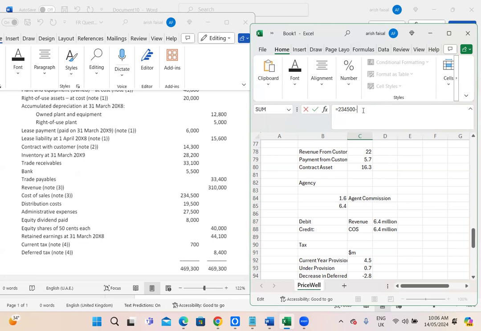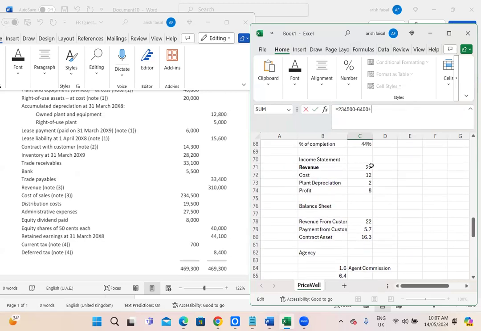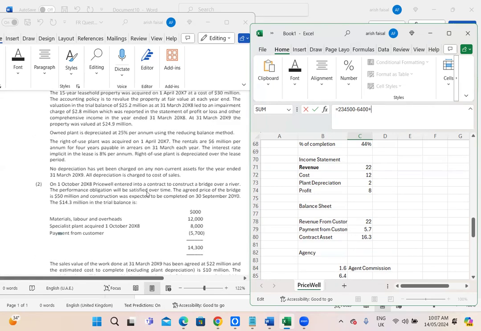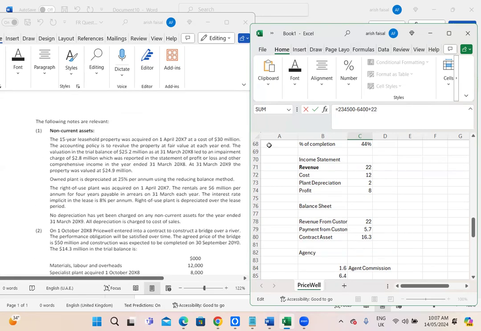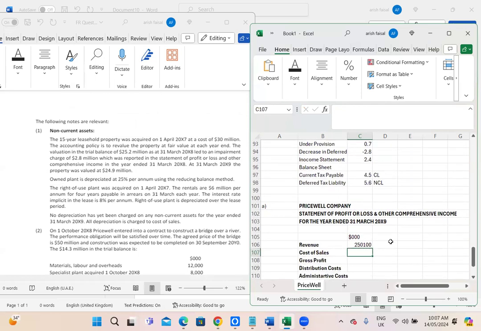So we have to subtract 6,400 for the revenue of the agent relationship, and we also have to record this 22 million. That's for the construction contract, because that was not being recorded. So that's 22,000, right? So this gives me a total revenue of 250, 100 actually.